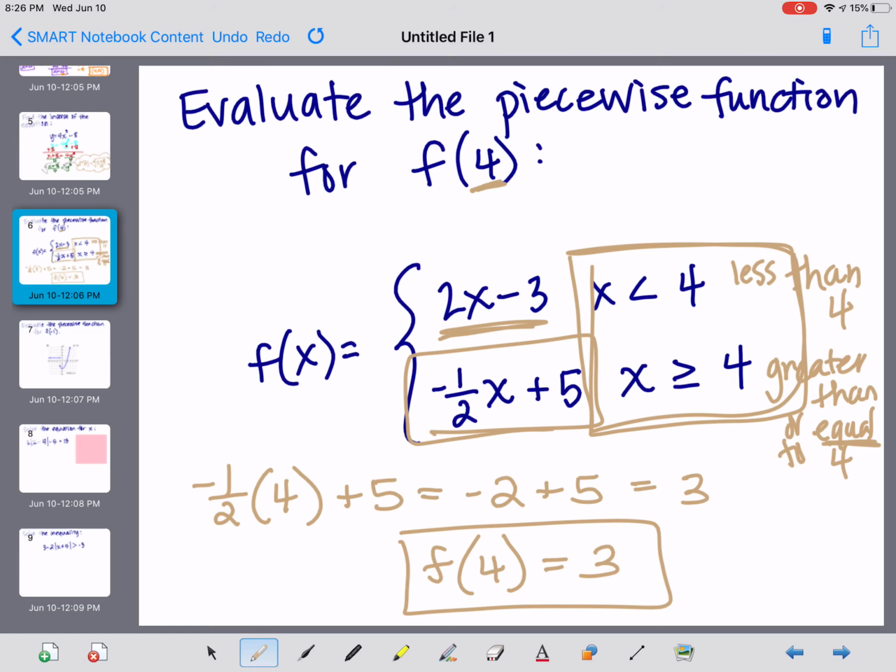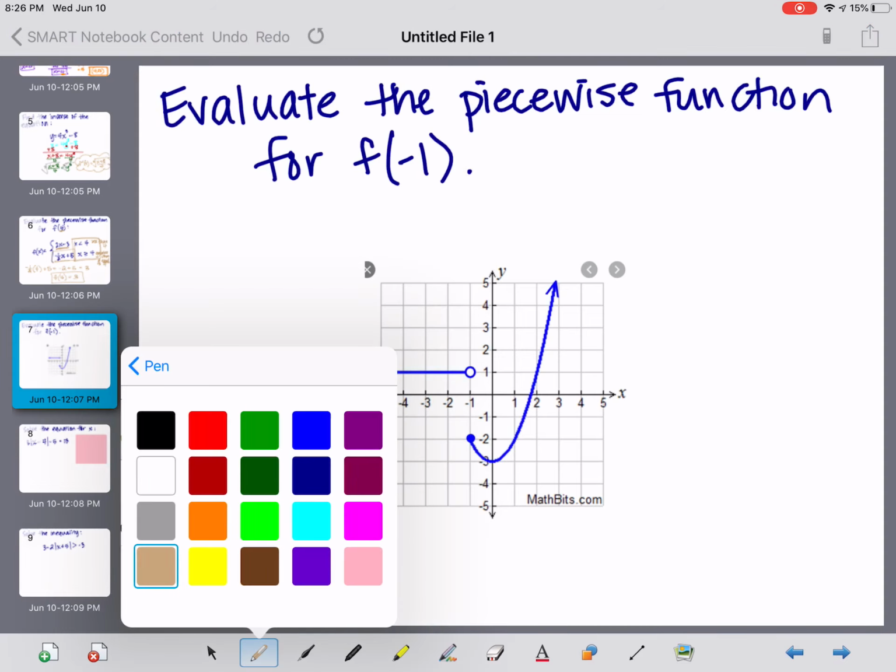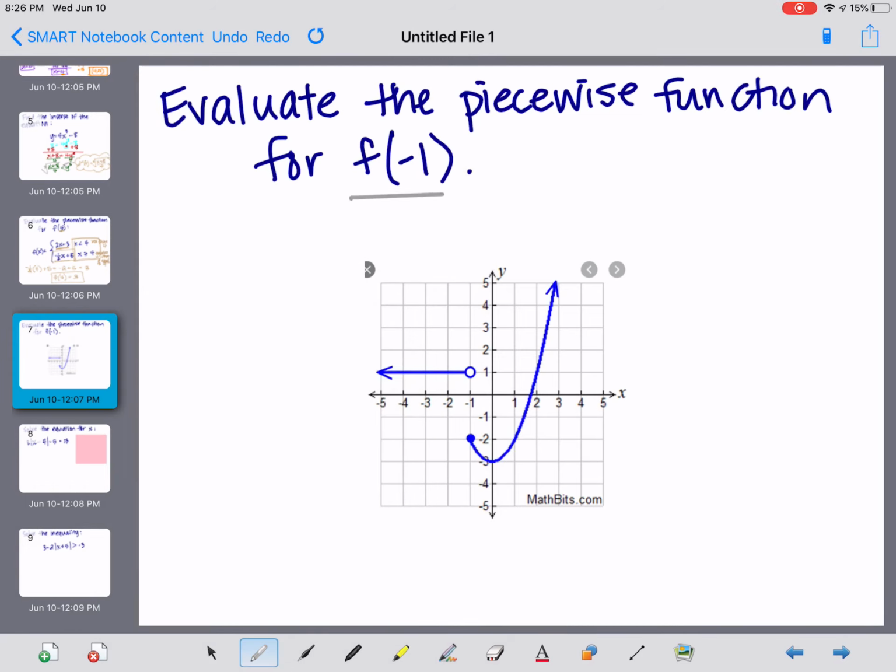All right, we got 3 more. Now, piecewise function, but looking at the graph now. So looking at the graph, I want to find f of negative 1. So that's telling me that x is negative 1. Okay, so if x is negative 1, that's going to be right here. And remember that we want to find the closed dot.